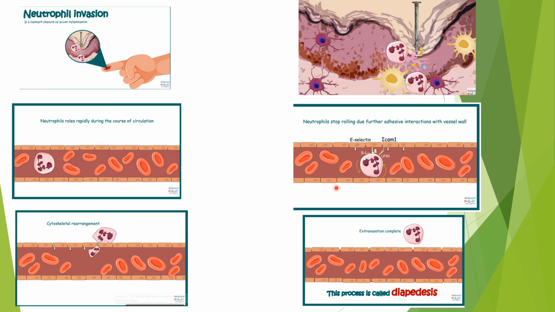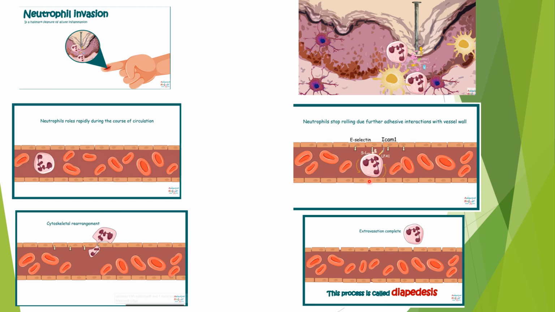Once it starts moving to one side, it tries to adhere to the endothelial cells which are present here. Once they adhere to the endothelial cells, the neutrophils stop rolling, and further adhesive interactions occur because of the presence of two agents known as E-selectin and P-selectin, and ICAM1. With this they get adhered.